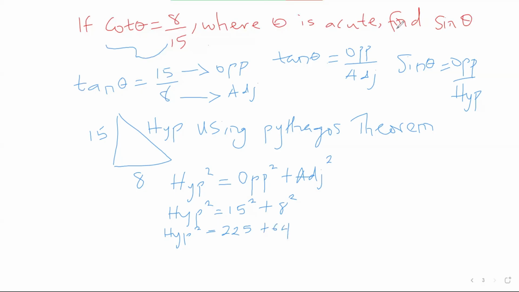So hypotenuse squared will be equal to 225 plus 64, which gives us 289.